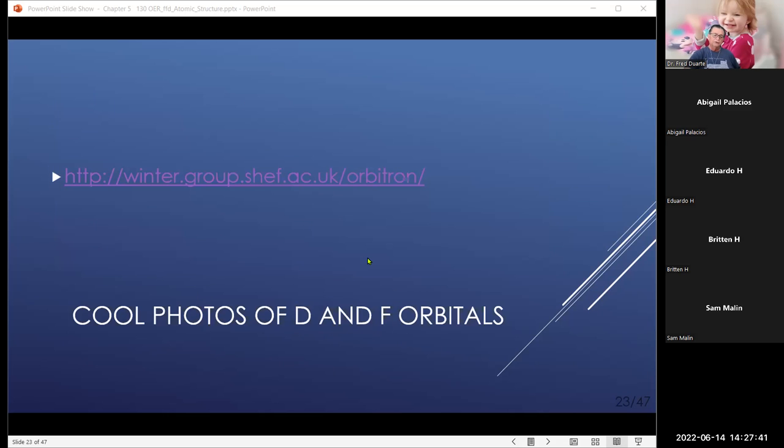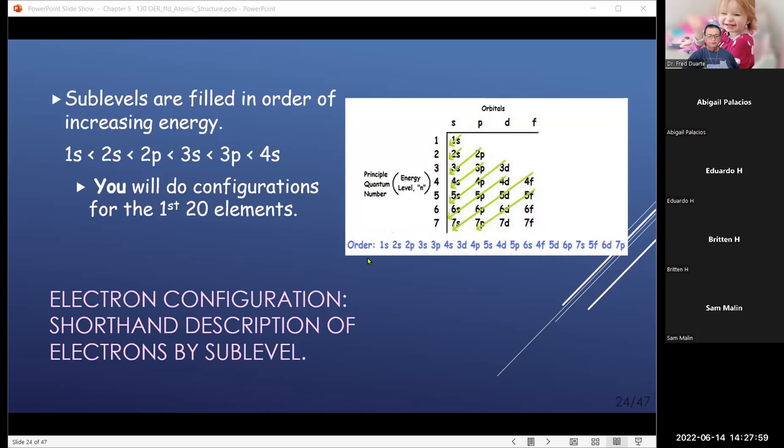I used to have links for the D's, but they no longer function. But you can Google images of D and F orbitals, and you'll see some crazy looking ones, but we're not going to study those other than to say there are 5 D and 7 F orbits.